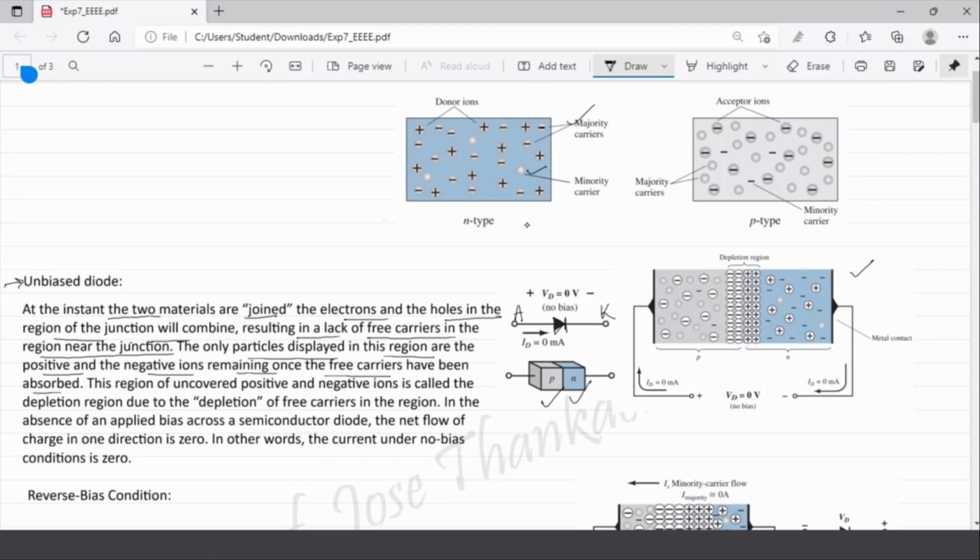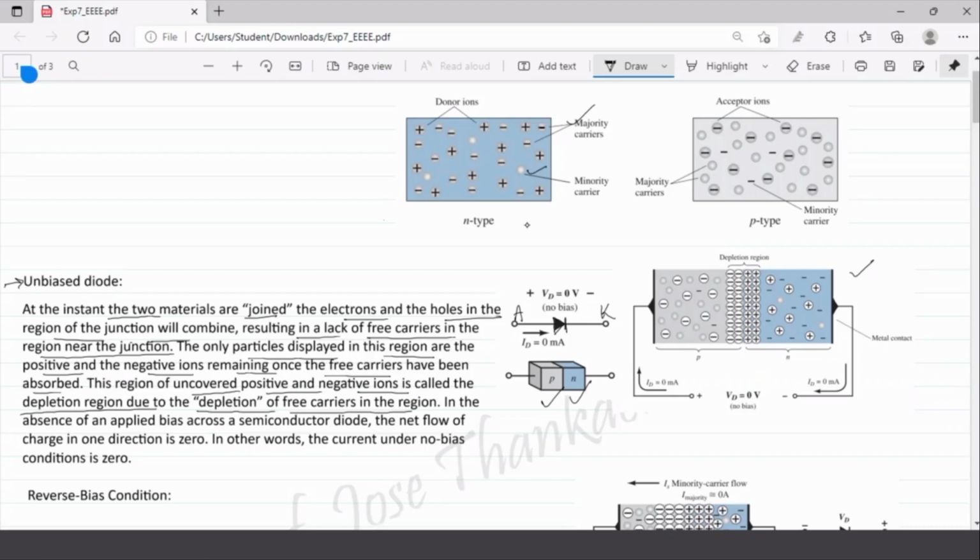As a result, there will be an electric field produced from minus to plus here. So this region is known as the depletion region. This region of uncovered positive and negative ions is called the depletion region due to the depletion of free charge carriers in this particular region.